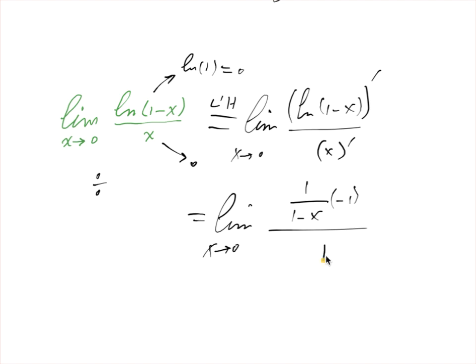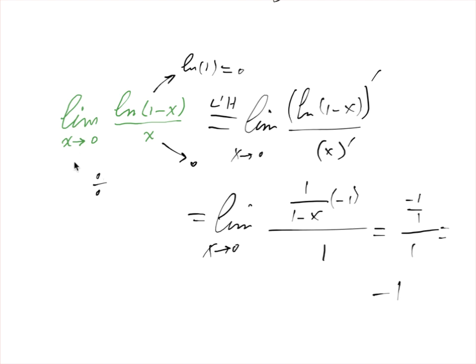The derivative of x is 1. So now when you let x go to 0, what do we get? Negative 1 in the numerator over 1, which is just negative 1.